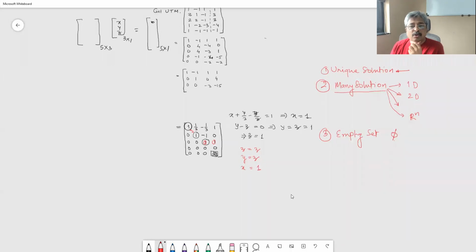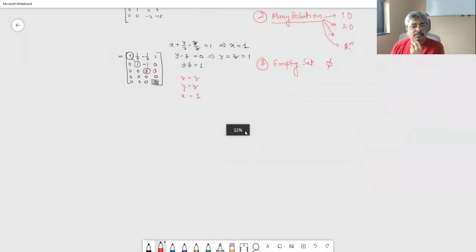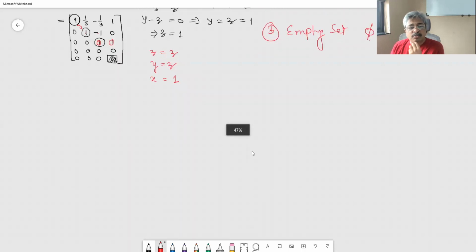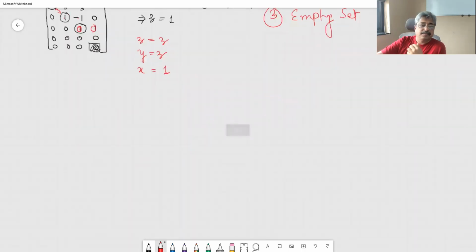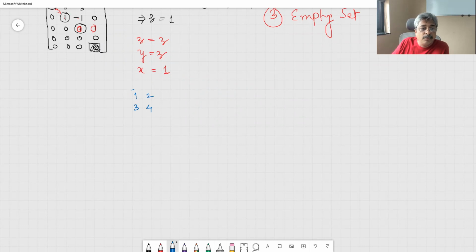So let me first tell you the rule by which we should multiply two matrices. First 2 by 2 and then 3 by 3. Okay. Begin with multiplication of two matrices. 1, 2, 3, 4, a 2 by 2 matrix, multiplied by yet another 2 by 2 matrix: minus 1, 1, minus 2, 3.